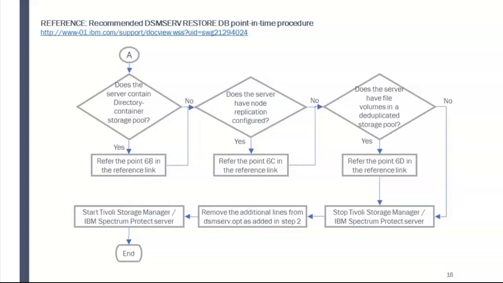Also check, do you have the node replication configuration? If you have it, then check 6c. Third, you need to check whether you have the dedupe pool or not. If you have, then you can refer to 6d. If you don't have any of those configurations, then just remove the entries from the dsmserver.opt file that we added in step 2 and restart your TSM server.